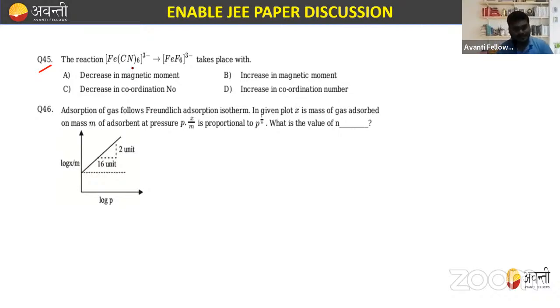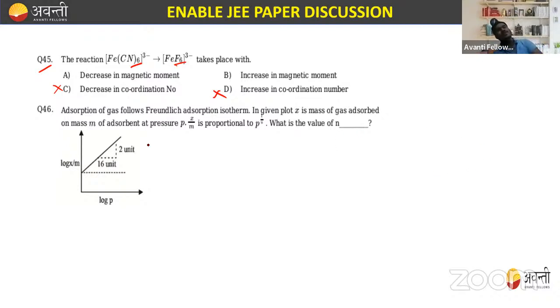Where the coordination number is 6 here, here also the coordination number is 6, so this option is absolutely incorrect. So of option A and B, only one is correct. Which one is correct, option A or option B? Let me give the solution.